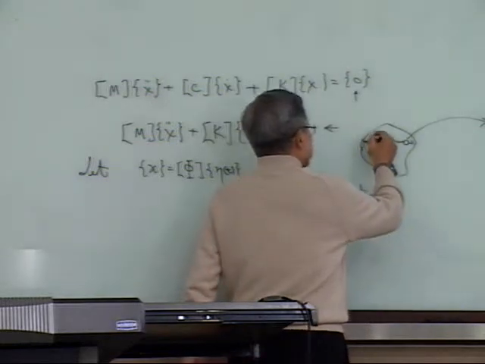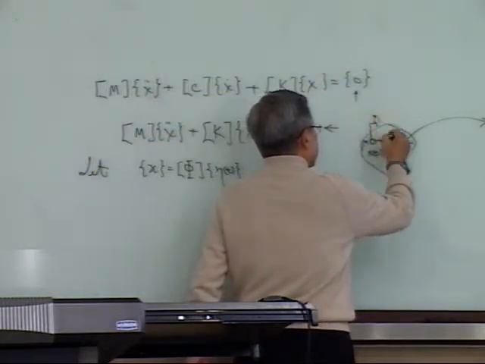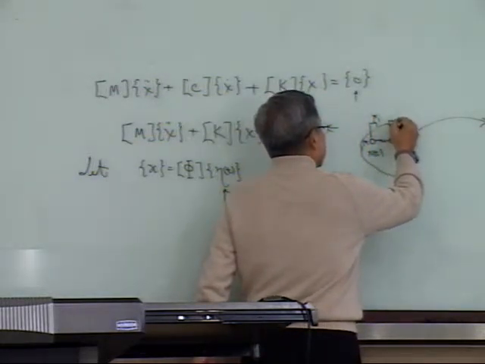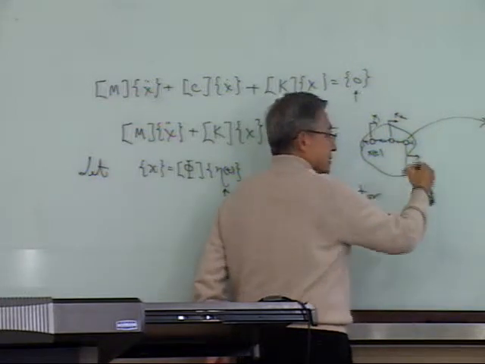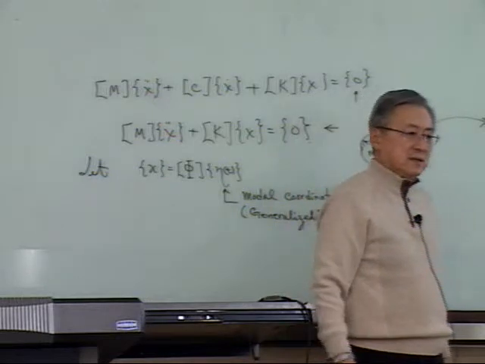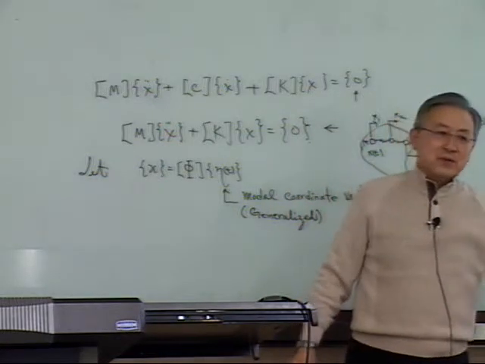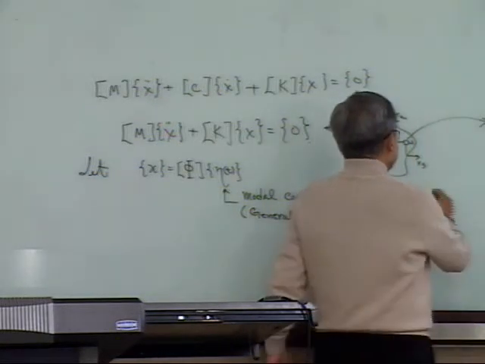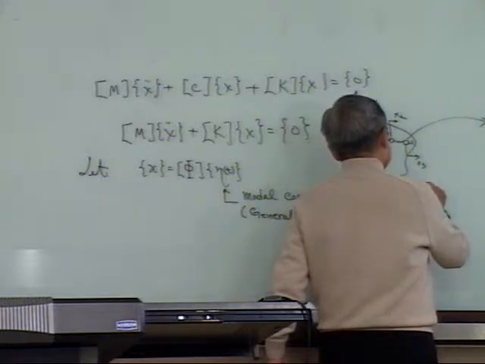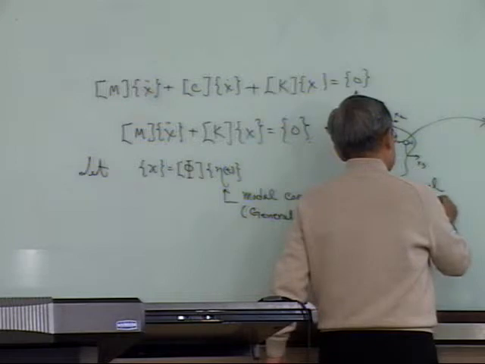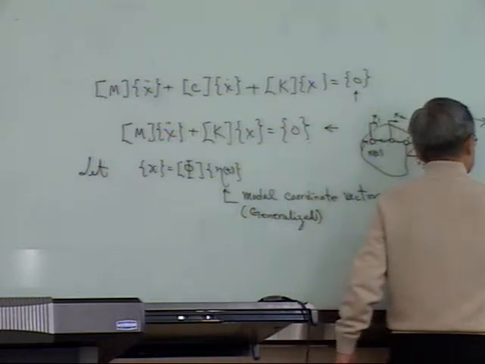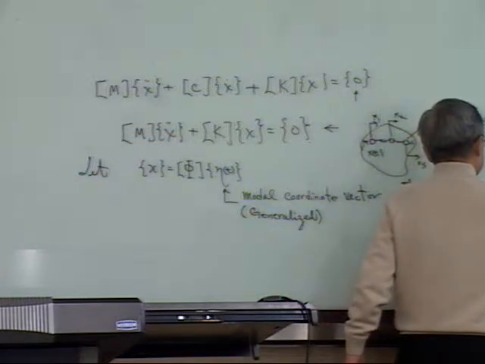Here in this case, this is x1, x2, x3. You know what I'm trying to say. Put that in the modal space. So this is the physical space. This is the modal space.